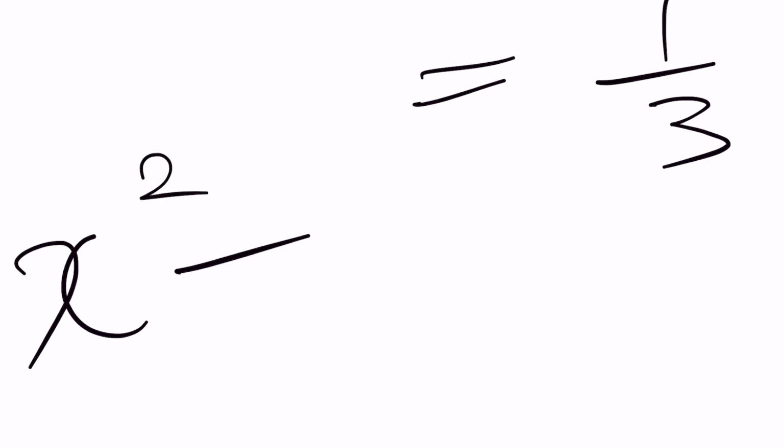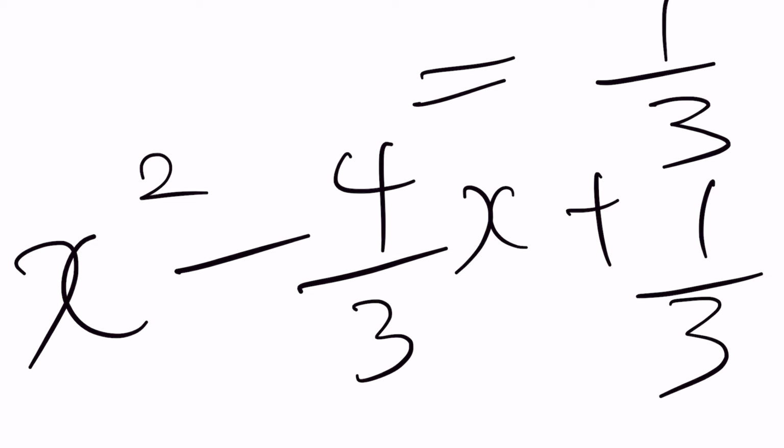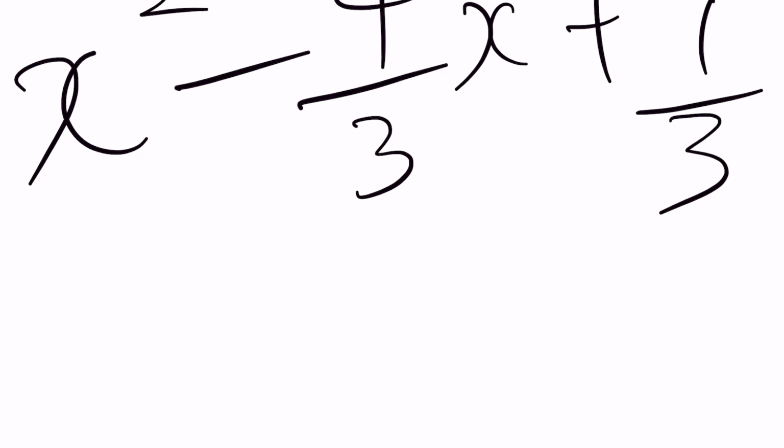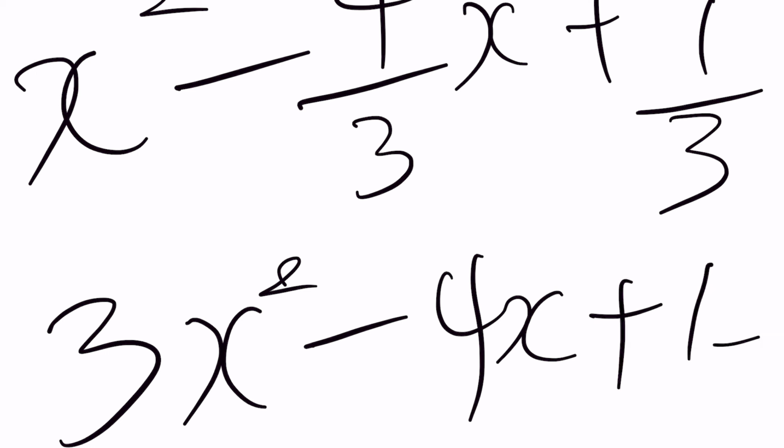So we can have x squared minus 4 over 3 x plus 1 over 3. Basically, when we multiply through by 3, we have 3x squared minus 4x plus 1, which is equal to 0.